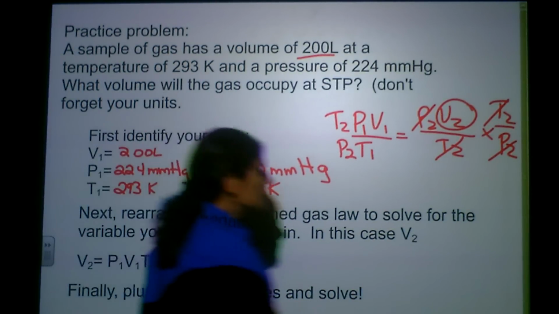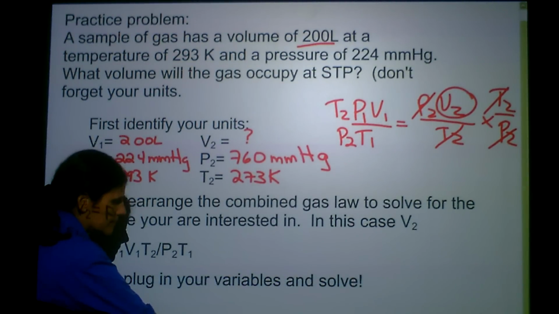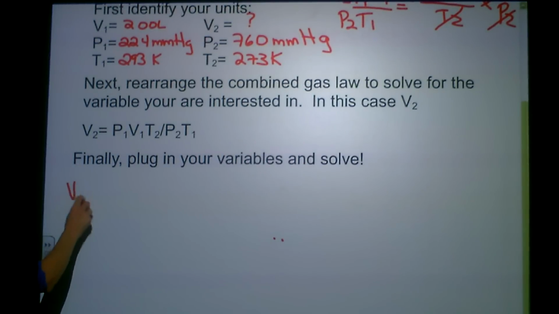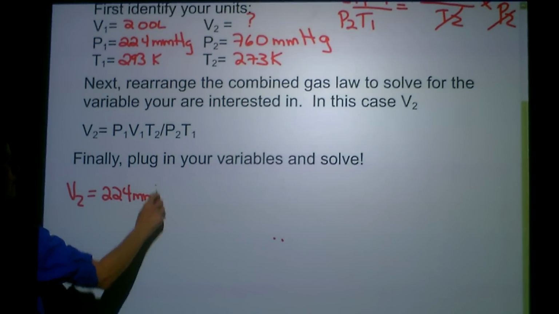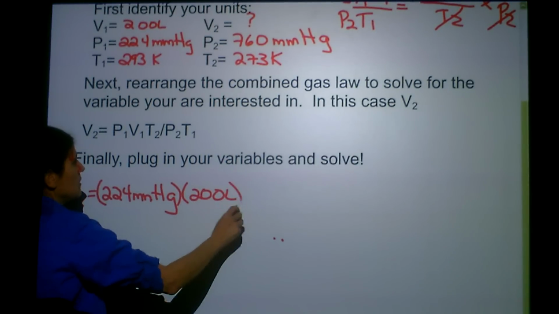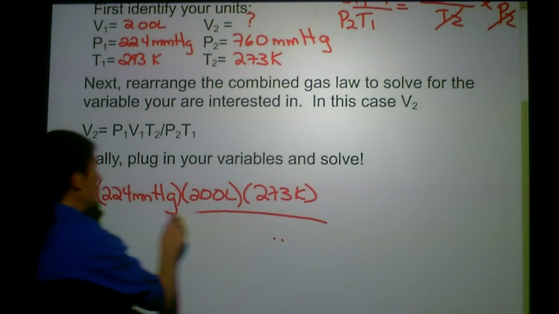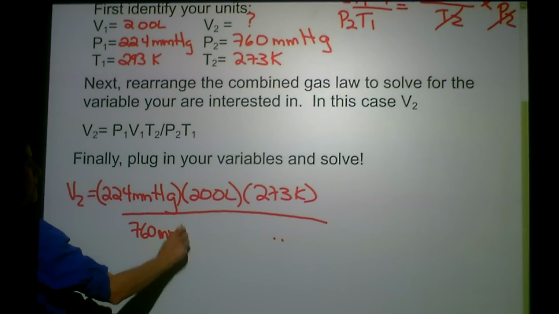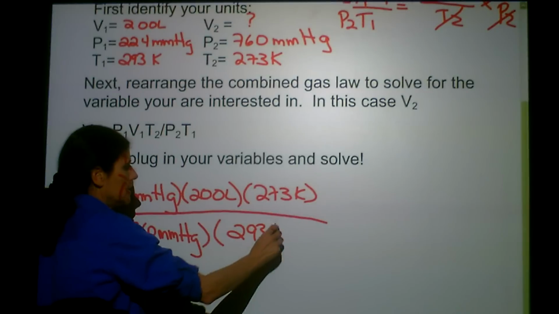Now all I need to do is plug in the variables that I've already defined and solve. So V2 equals P1, 224 millimeters of mercury, times V1, 200 liters, times T2, 273 K, all over P2, which is 760 mmHg, times T1, which is 293 K.